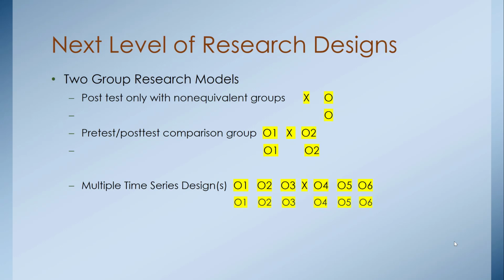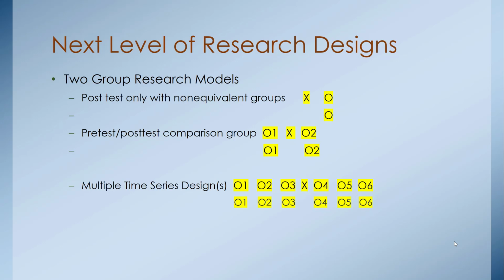So when you look at the first one, post-test only with non-equivalent groups, that means I'm going to have two groups. I'm going to provide an intervention to one group, and I'm going to measure both of them at a post-test. So an example of this would be you guys are my research group, and I'm going to compare you with Dr. May's family's class, the students that are in there, on research knowledge.